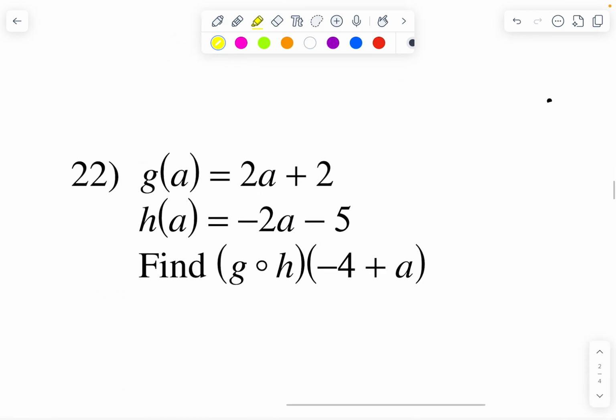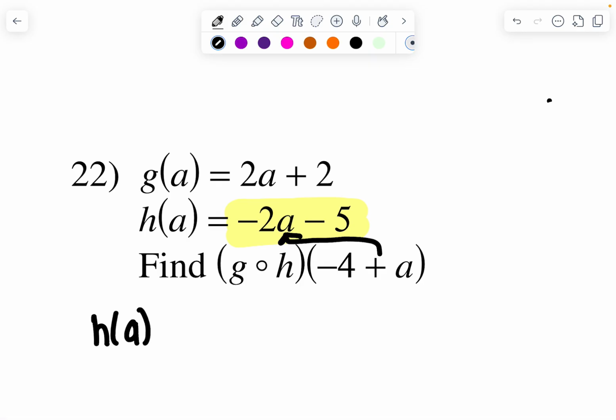All right, find g of h of negative 4 plus a. So that means I'm going to solve for h first, substituting the a with the 4 minus a. So h of a is going to equal negative 2 times negative 4 plus a minus 5. So I'm going to solve that first.